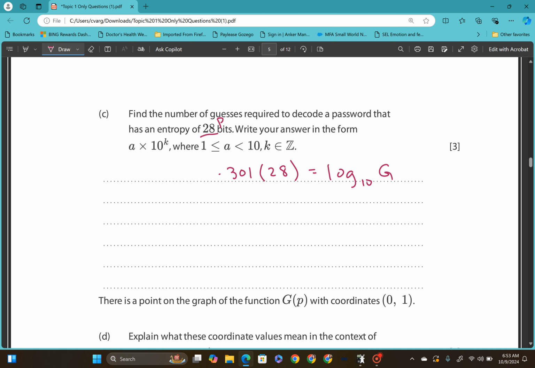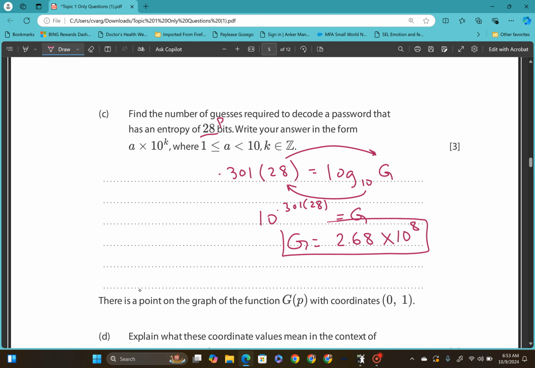You could also do the circle. So we have 10 to the 0.301 times 28 is equal to G. Plug that into the calculator and you get G is equal to 2.68 times 10 to the 8th. So they're asking us to write our answer in scientific notation. This whole thing is code for scientific notation.